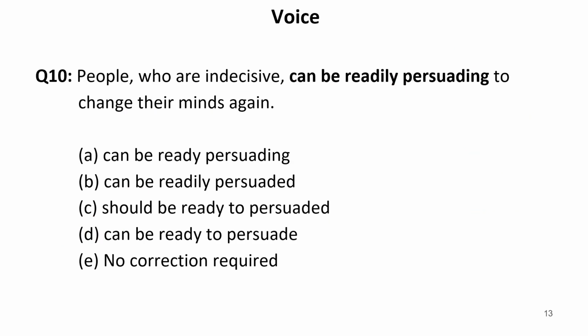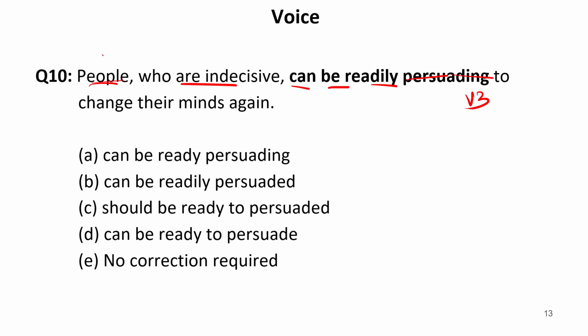People who are indecisive can be readily persuading to change their minds again. Now if we have a modal, then we have be, then we have adverb, we need verb third form only. Now this persuading is incorrect. And also people who are indecisive can be readily persuaded, because who are persuaded?